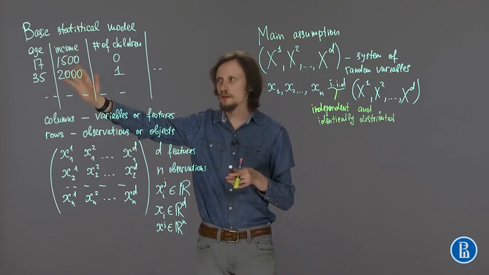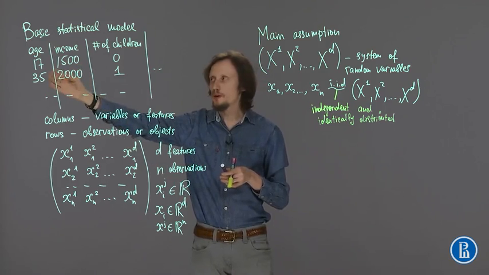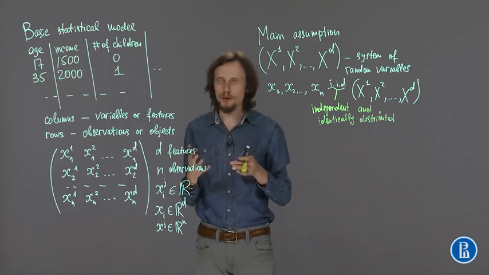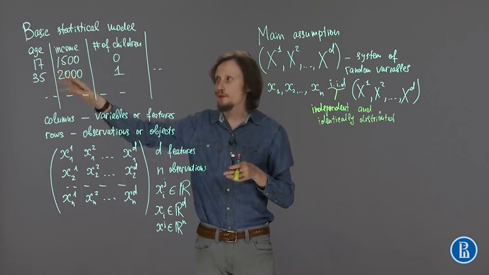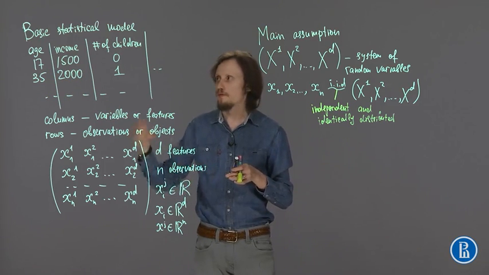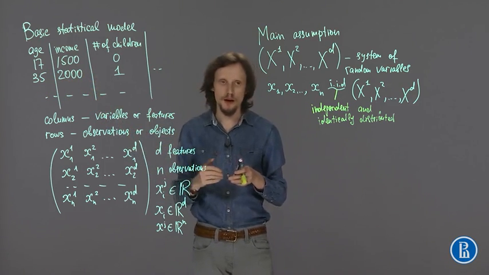For example, it is easy to assume that income in some way depends on age, that these two variables are correlated, because we expect that a person with larger age probably has larger income.